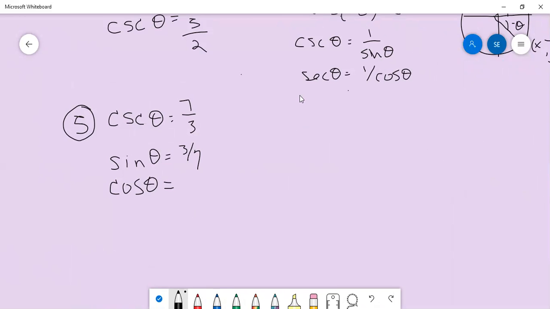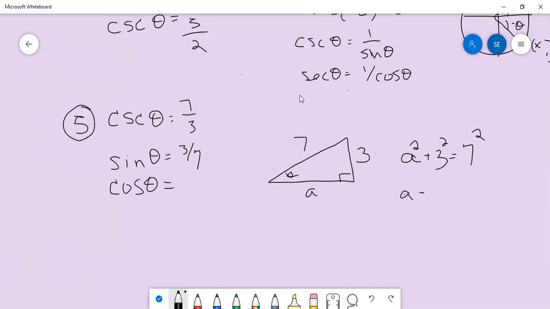So if we draw a triangle, we have an angle theta on a right triangle, and sine is opposite over hypotenuse, 3/7. And now we can use our Pythagorean theorem to find this leg of our triangle. So this is a. So a squared plus 3 squared equals 7 squared.